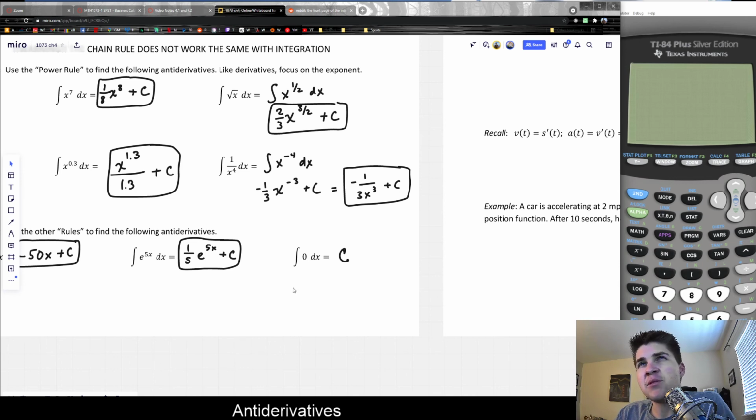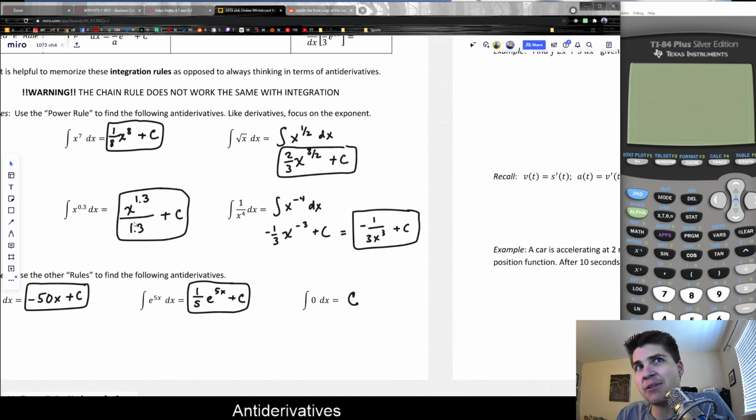This helps me remember why I need c when I'm doing an antiderivative. Because even if I had absolutely nothing, the antiderivative of even nothing is something. Unlike a derivative, right? The derivative of nothing is nothing, d/dx of 0. Even d/dx of a constant is 0. So derivatives simplify things. Integrals complexify.